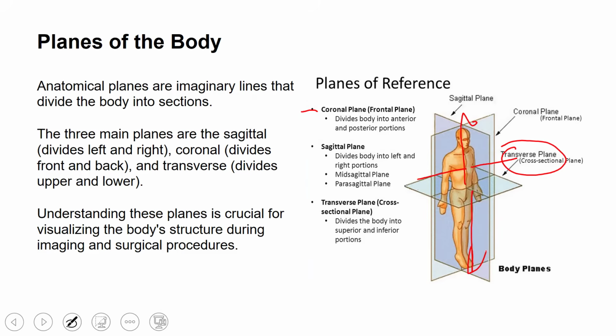Anatomical planes are imaginary lines that divide the body into sections, and these sections are three. We have the coronal plane, which divides the body into anterior and posterior.